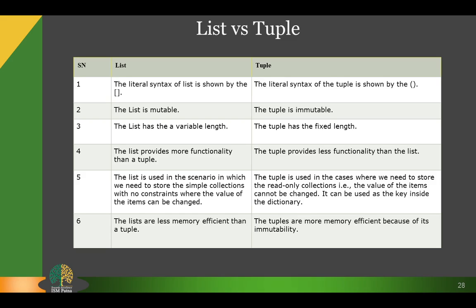As list is mutable, it has variable length, whereas tuple has a fixed length. The list provides more functionality than tuple because we can't add, update or remove any items of the tuple, but we can do it with list. Lists are less memory efficient than tuples, and tuples are more memory efficient because they are immutable. So these are a few differences between list and tuples.